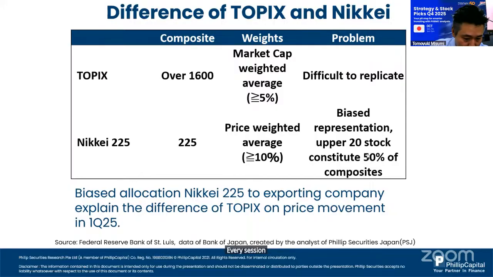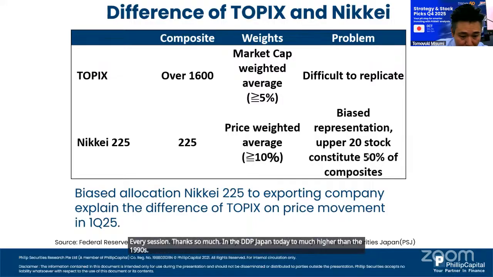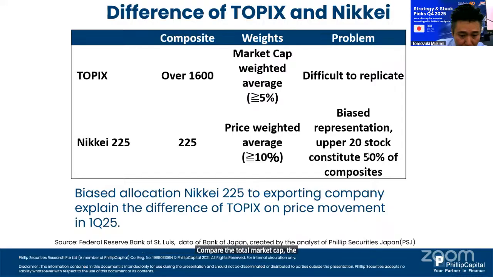Thanks so much. Japan's GDP today is much higher than in the 1990s. Compared with the total market cap, the ratio has increased to a better level. In the 1990s in Japan, there were corporate inefficiencies, a bubble, and a lot of inefficiency in capital.